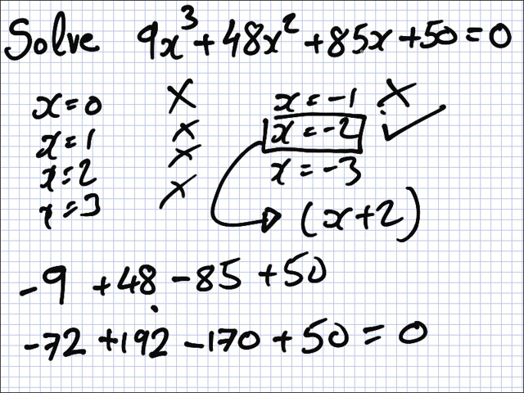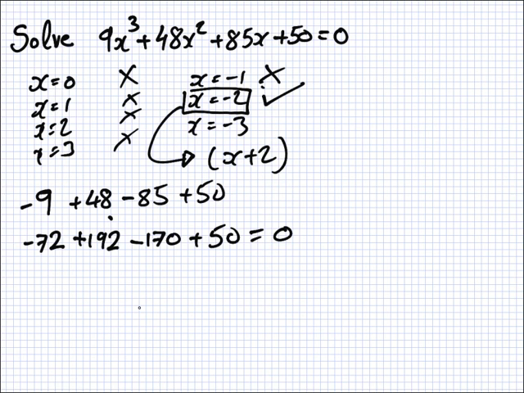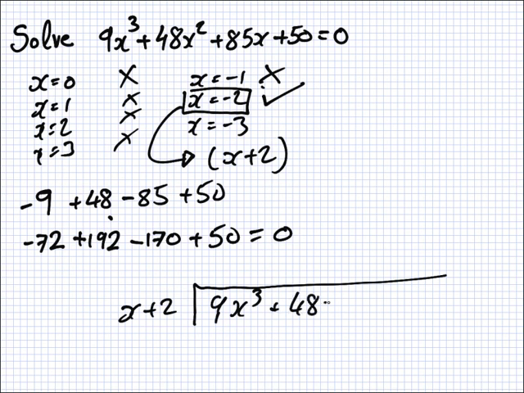How many factors could I have for this cubic? 3. I could have up to 3. Let's see if we can find the other 2. So what will I do next? Long division. So x plus 2 divided into 9x cubed plus 48x squared plus 85x plus 50. Right, what's first? 9x squared.